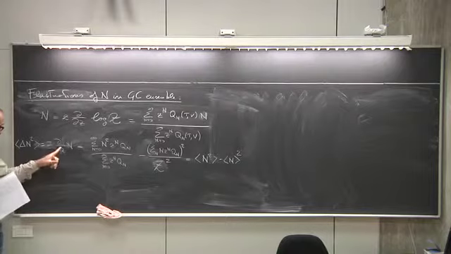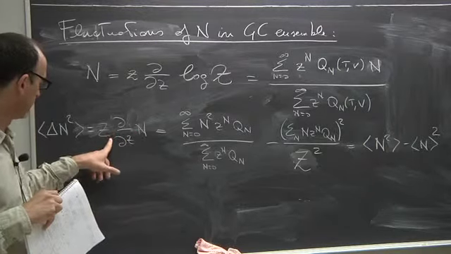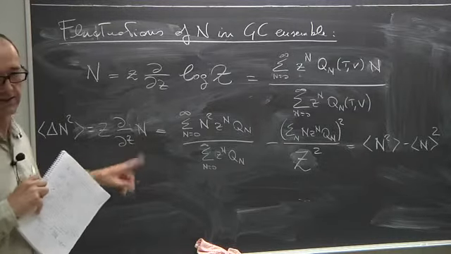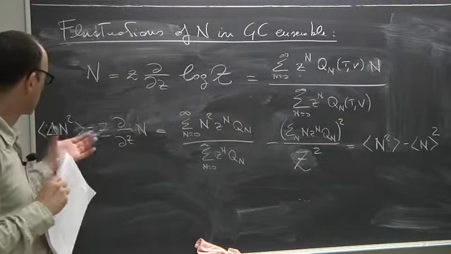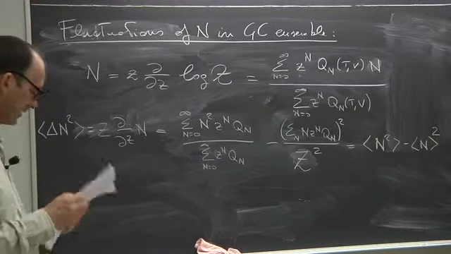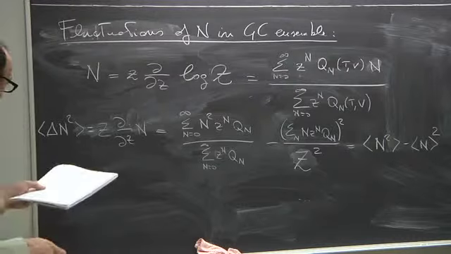Okay, so this relation here is not particularly transparent. So let us try to derive a relation which is more transparent than this.